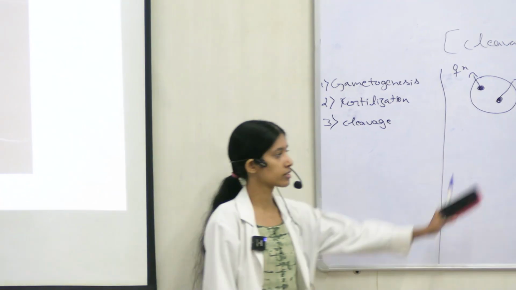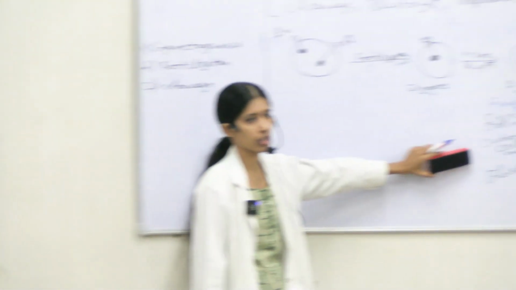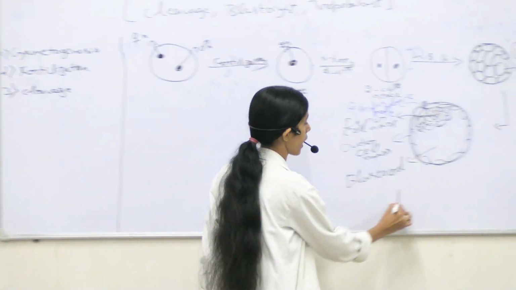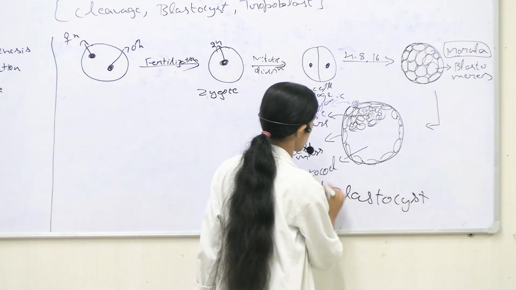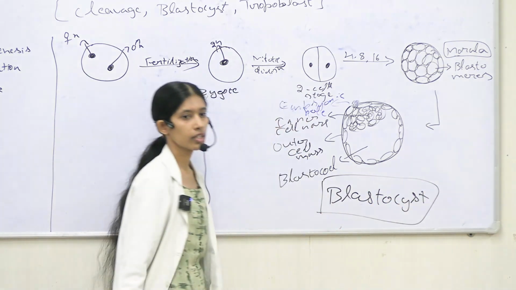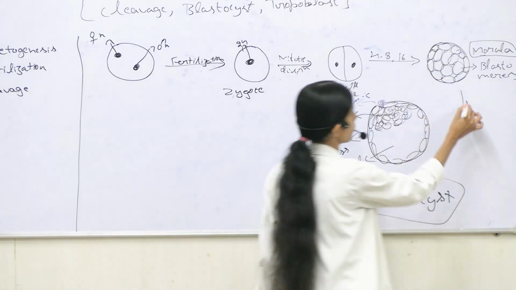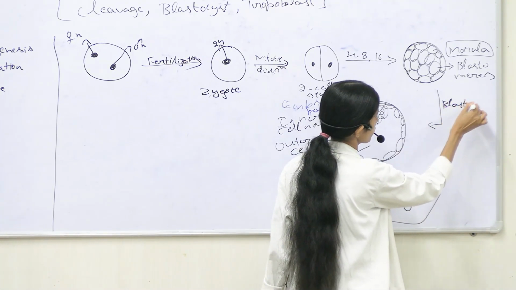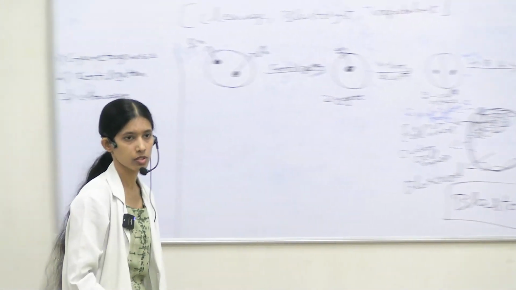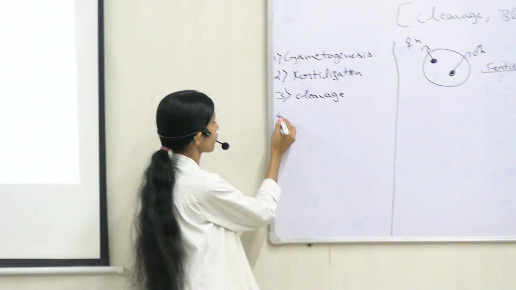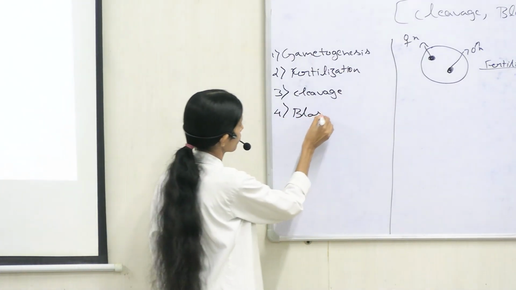Then from the 16 cell stage, this structure what you are seeing is called the blastocyst structure. This process is called the blastulation process. So after the cleavage, we can see blastulation.